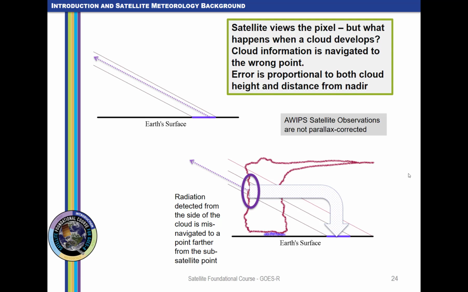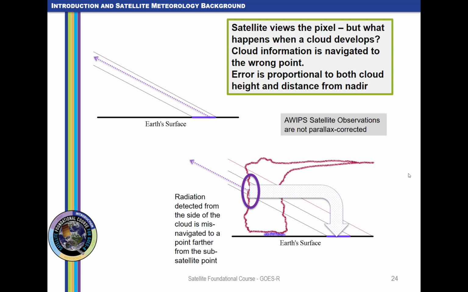A cloud that develops between the pixel and the satellite, however, will mean that information from the surface is blocked. Instead, radiation will come from a region that is closer to the satellite, but that is nevertheless navigated to where the straight line emission from the Earth would have originated in a cloud-free atmosphere. The satellite sensor is still pointing in that same particular direction associated with the surface point.